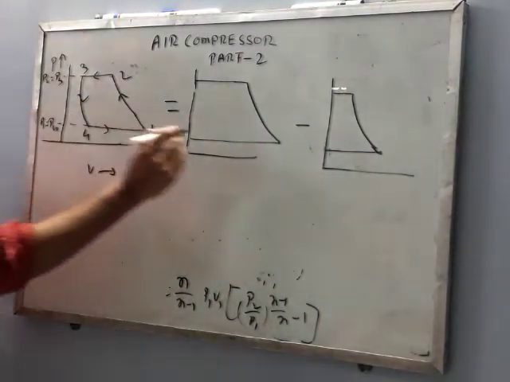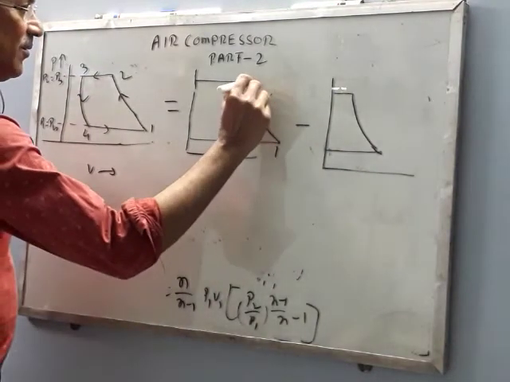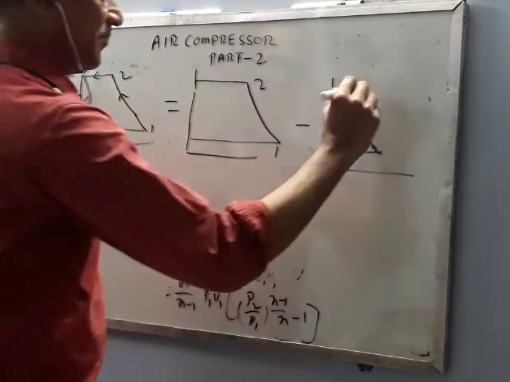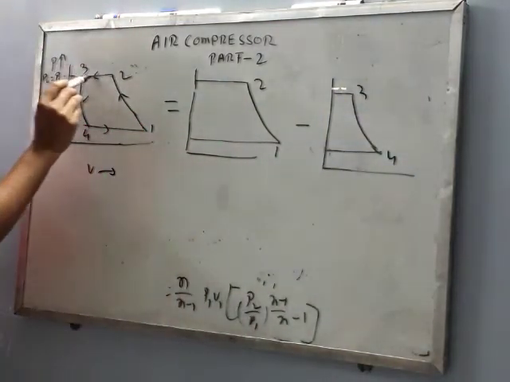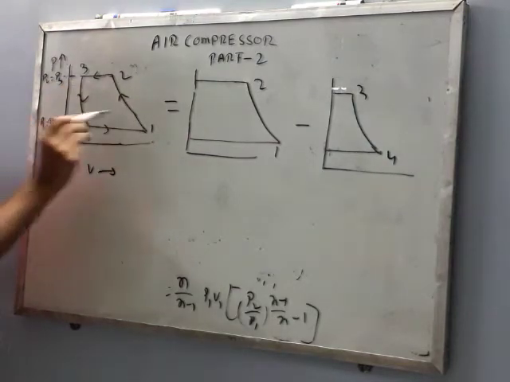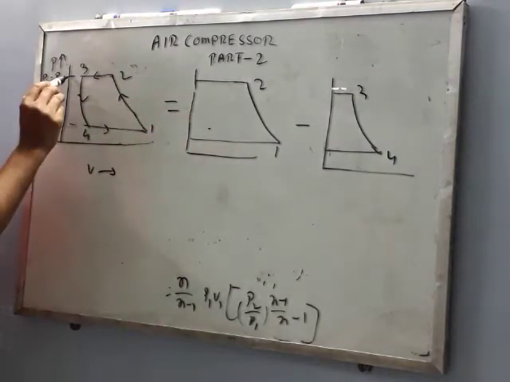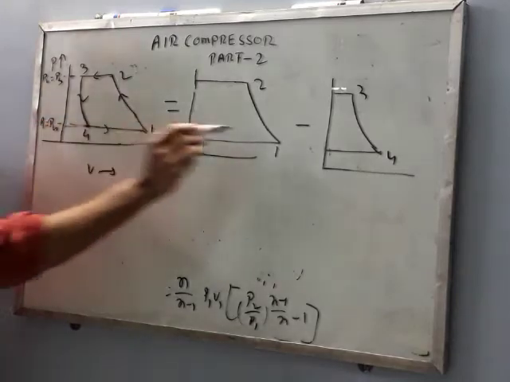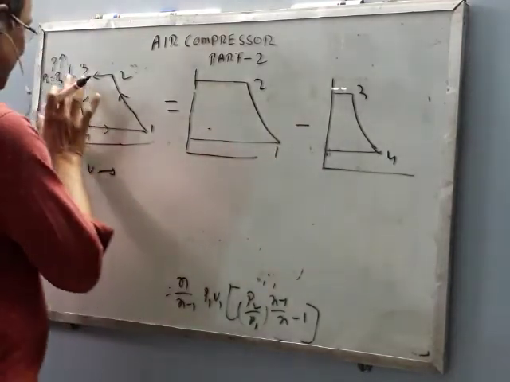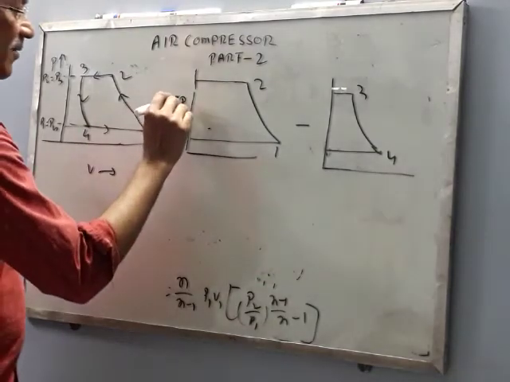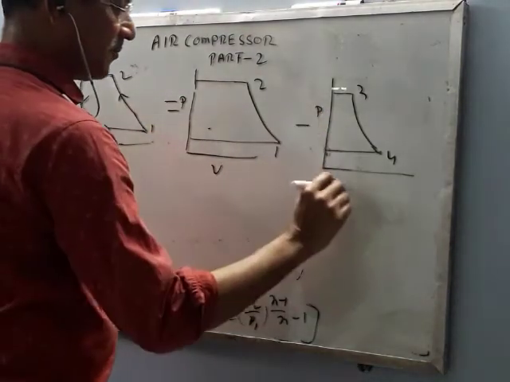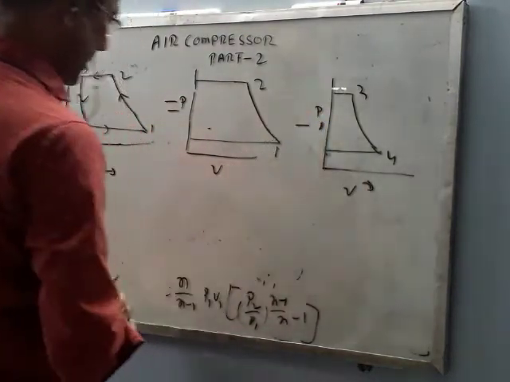First we draw this, the 1 and 2 and this is 3 and 4. So first is this diagram and second is this diagram. So this minus this is the 1. So this is a PV diagram, and this is also a PV diagram like that.